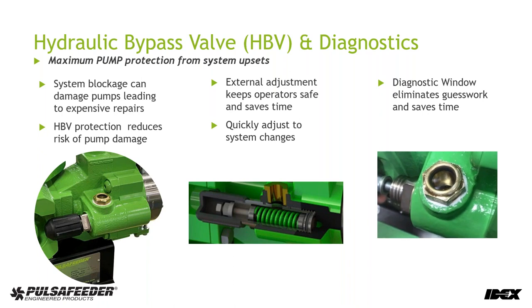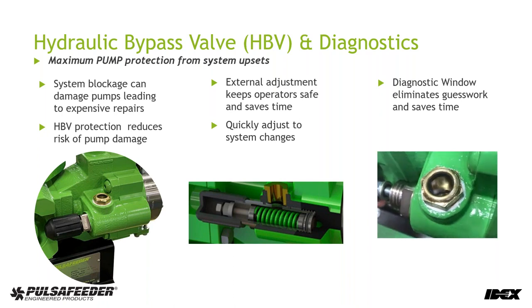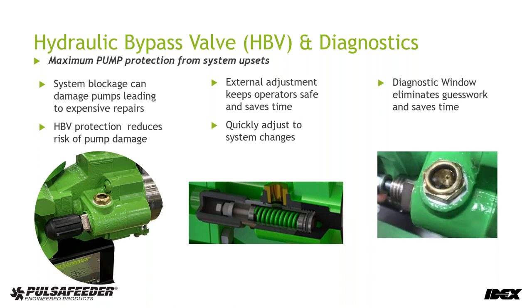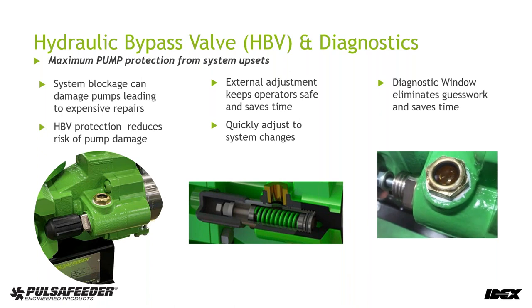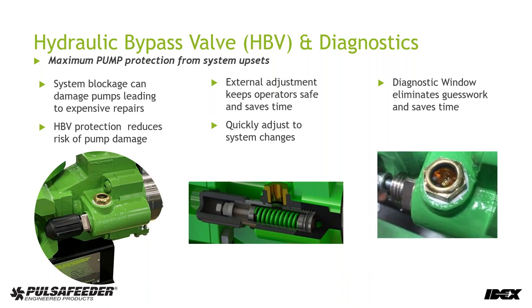You would literally need to take the cover off and stick your hands down in the oil in order to adjust that. So with it being on the outside, it increases the safety for your operators, and it allows for a much quicker adjustment when you're commissioning and starting up this pump for your unique application.